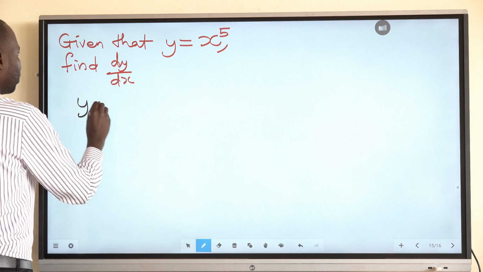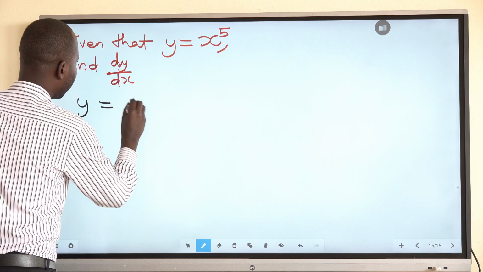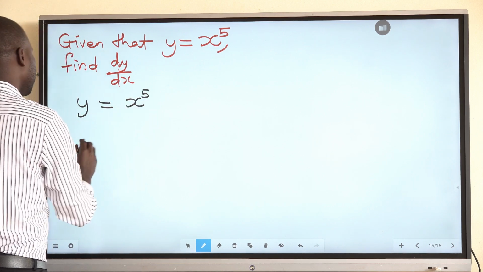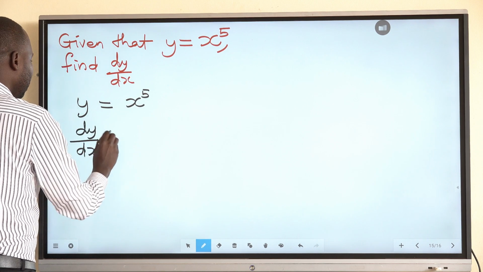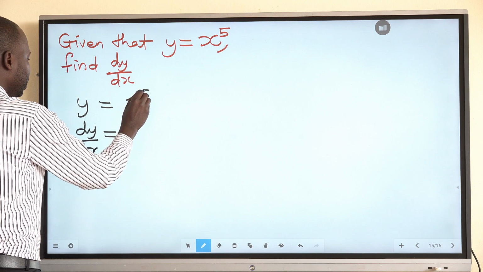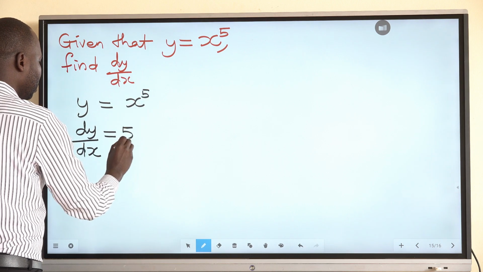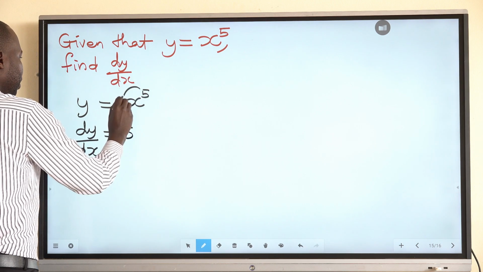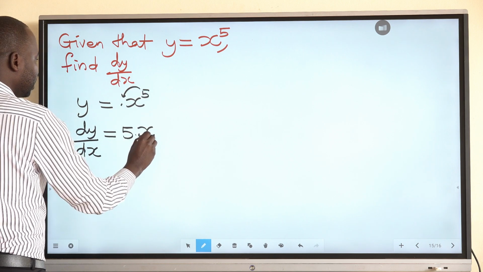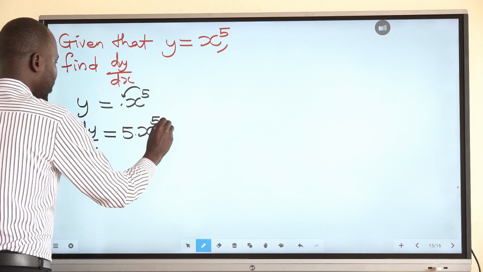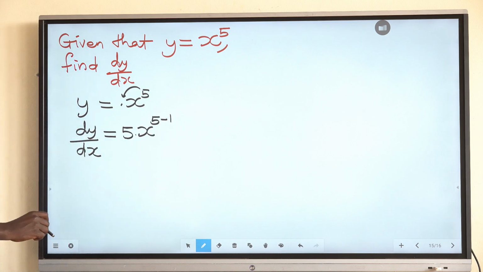If y is equal to x to power 5, dy dx is the same as the power, which is 5. We multiply it by this x, 5 times x, then the 5, which is the index, reduces by 1.